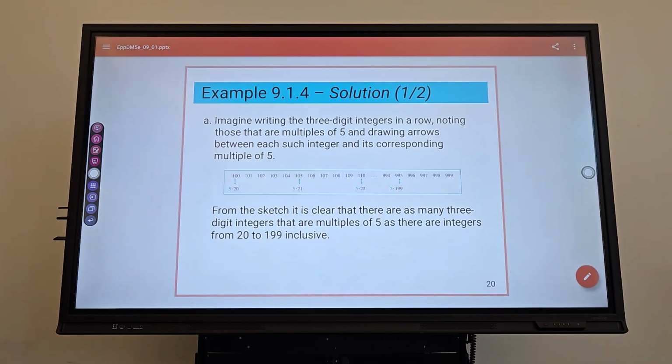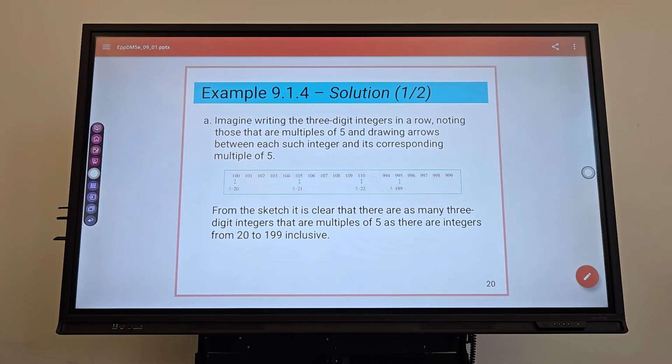Well, imagine writing the 3-digit integers in a row, noting that those are multiples of 5, and drawing arrows between each such integer and the corresponding multiple of 5. It is clear from this sketch that there are as many 3-digit integers that are multiples of 5 as there are integers from 20 to 199 inclusive.